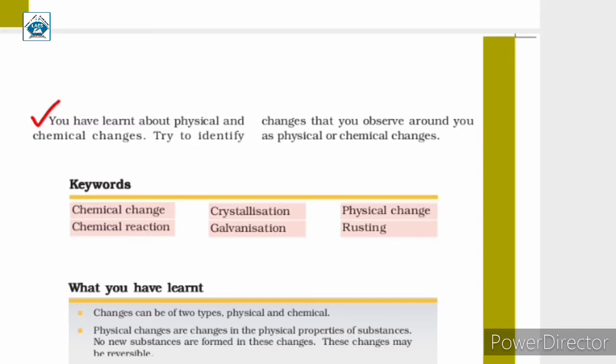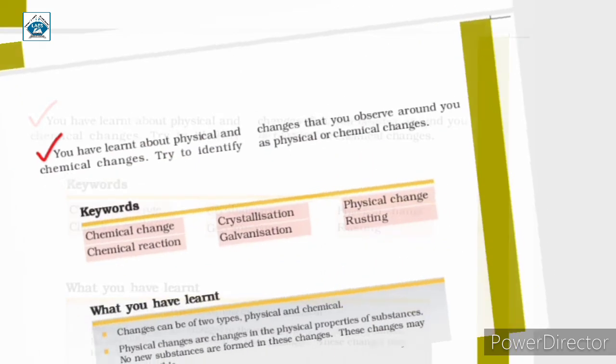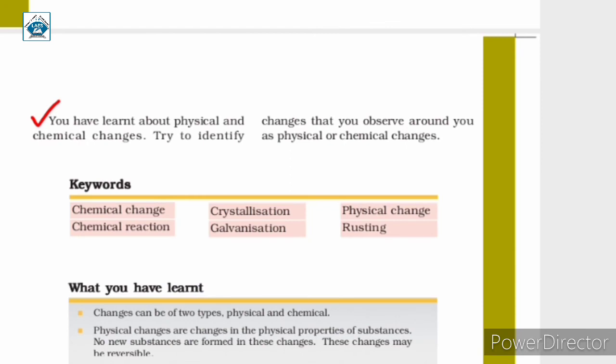You have learned about physical and chemical changes. Try to identify changes that you observe around you as physical or chemical changes. Now that we have learned about physical and chemical changes, we can identify the changes around us as physical or chemical changes. So basically, as we have learned, there are two types of changes, physical and chemical changes.